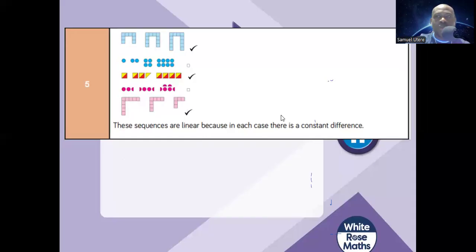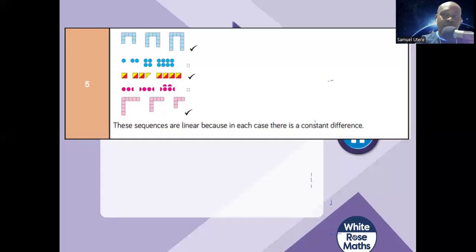So the things we've learned in this lesson so far are: number one, you can take a sequence and put it in a tabular form. And you can take a sequence and also put that same sequence in a graphical form. And in the graphical form, if it's a linear sequence, you see a nice straight line. You'll be able to join the points with a straight line.